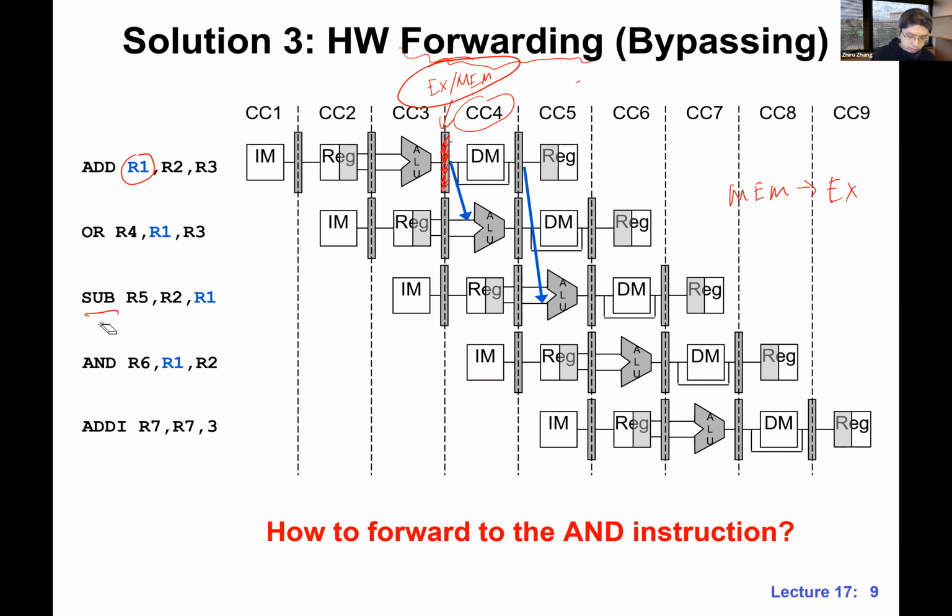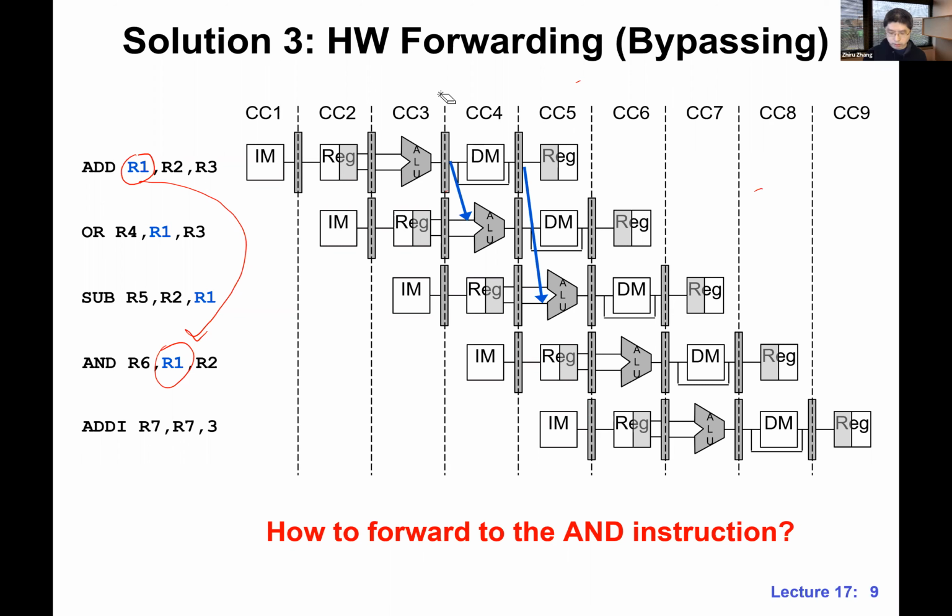All right, so now let me ask you guys a bonus question. One more time, if you have an answer, don't put it in the chat window. Raise your hand. How do you do this forwarding? What do we do? Where do we forward? Is the question clear?